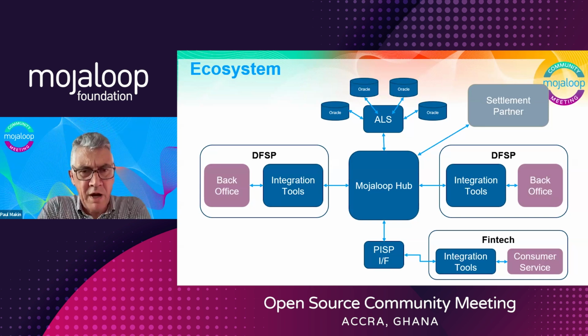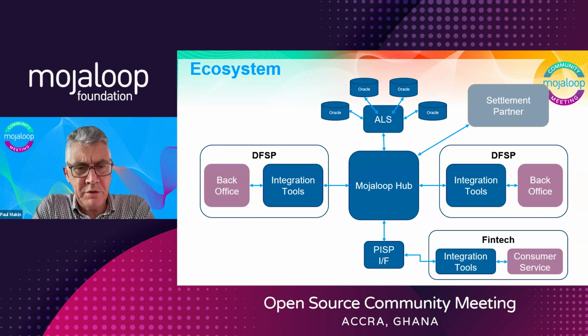And then left and right, we have two DFSPs, which is the generic term for digital financial service provider: banks, MFIs, mobile wallets, SACCOs, etc. And each of those has their own system, their own back office. It might be a core banking system, it might be a messaging backplane, whatever it might be.